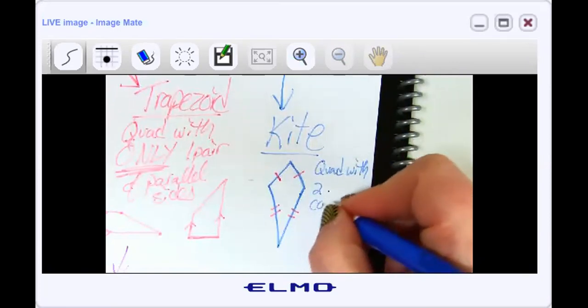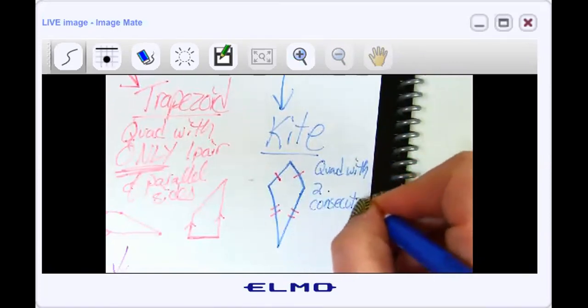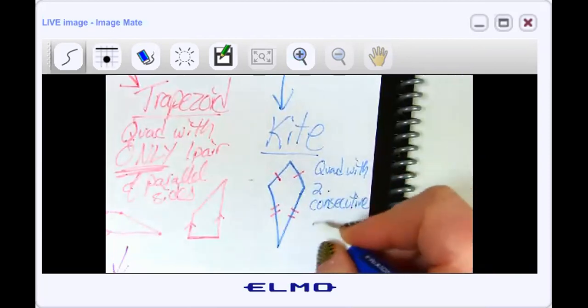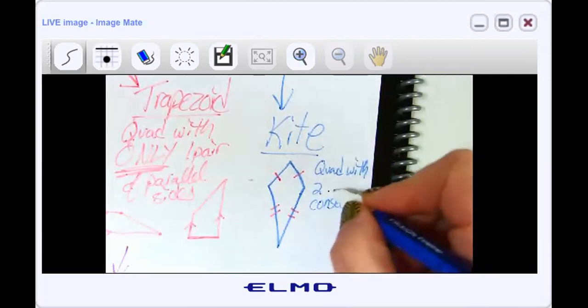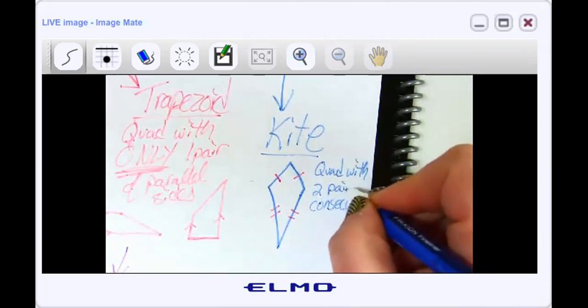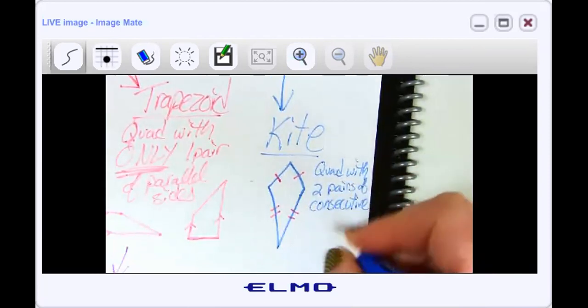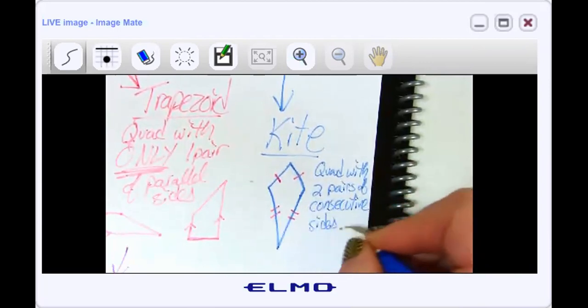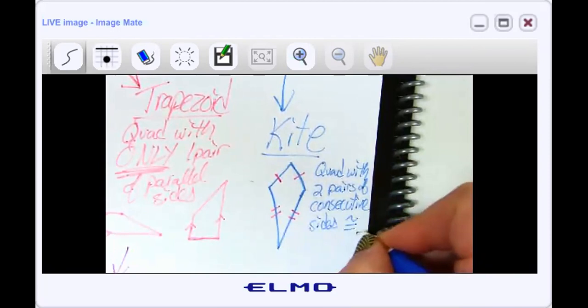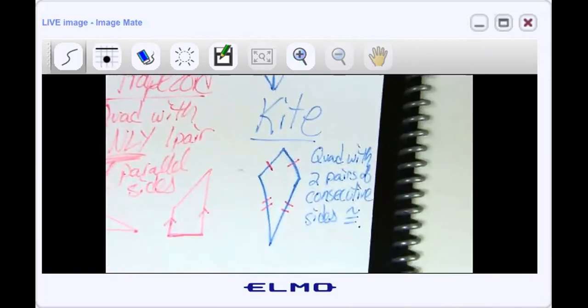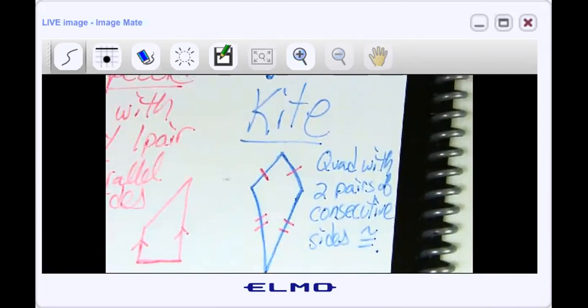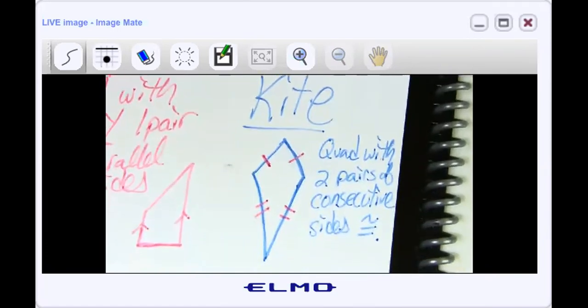So two pairs of consecutive sides congruent. And that is what makes a kite a kite. Quadrilateral with two pairs of consecutive sides congruent. And it really does look like a kite that you would draw and fly.